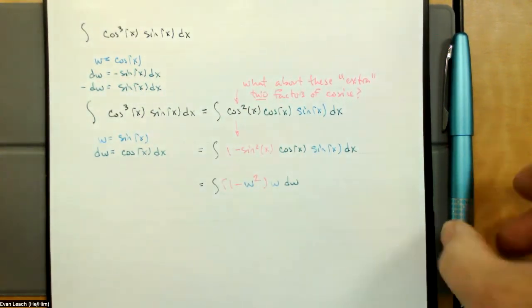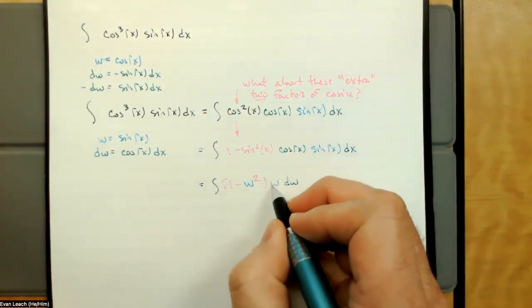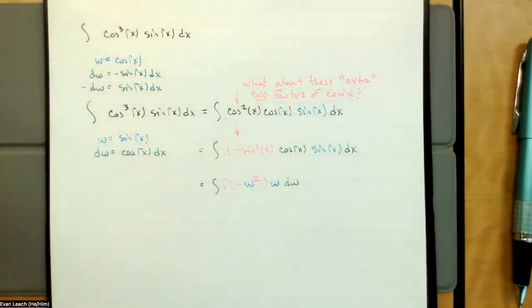In this case, both cosine and sine had odd powers, so either substitution would work. It'd be a little bit weird to do the problem in this direction, because of all the extra stuff that you have to do.